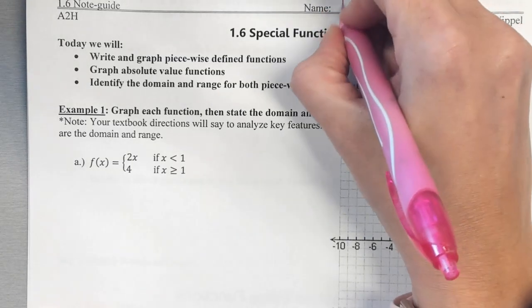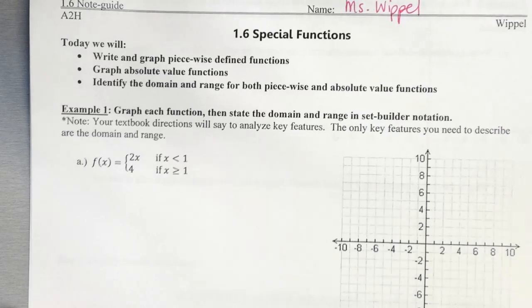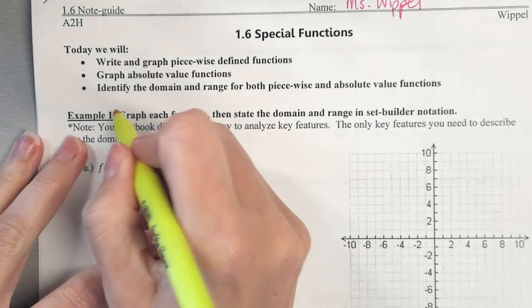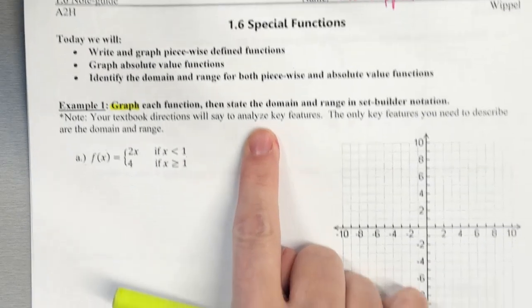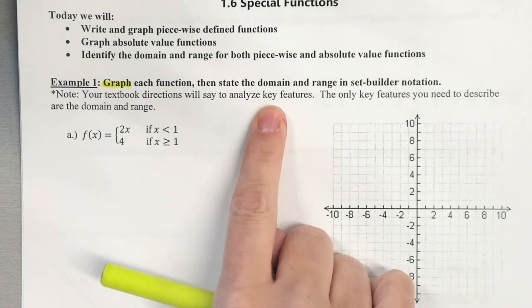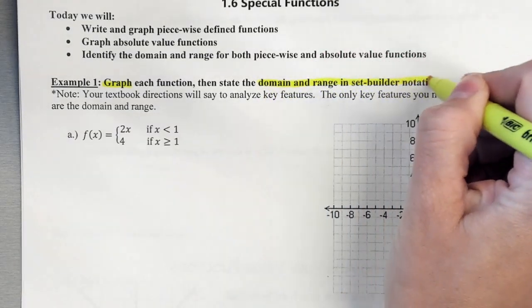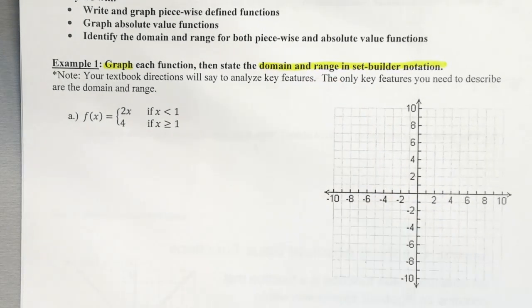So when you are doing your homework, the directions are going to be a little bit different. So I put a little note in there for you. So when it asks you to graph each function in your textbook, it's going to say to analyze key features. Okay, and when you're analyzing the key features, what I want you to do is to describe the domain and range in set builder notation.